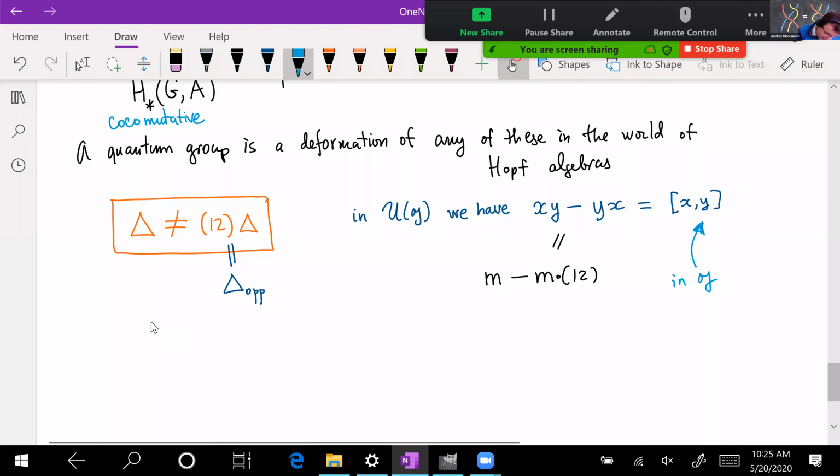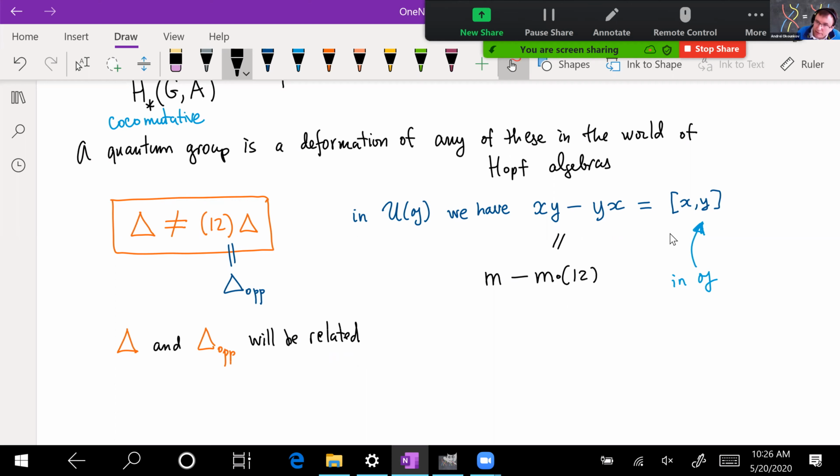Similarly here, delta and delta opposite will be related. So this is like saying that in a Lie algebra I have a commutation relation, which tells me how to commute two elements. Here there will be a co-commutation relation.